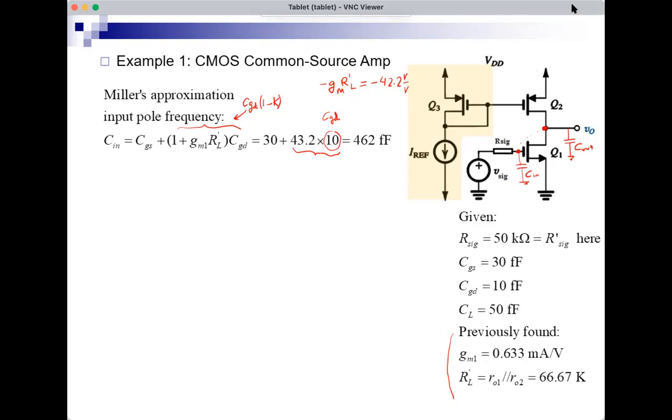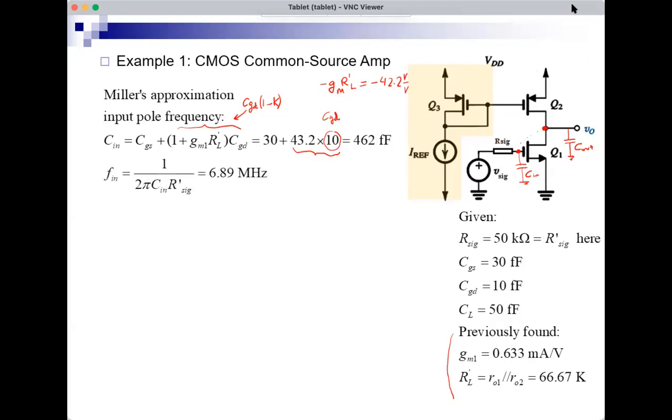It appears at the input as if it's 432 femto. This is called the Miller effect or the Miller multiplication. A small capacitor, a 10 femto capacitor, appearing as a capacitor which is 432 femto. And then the total would be 462 femtofarads.